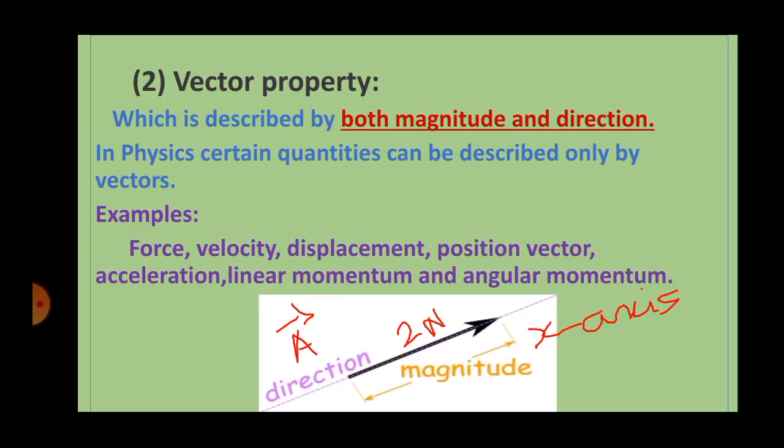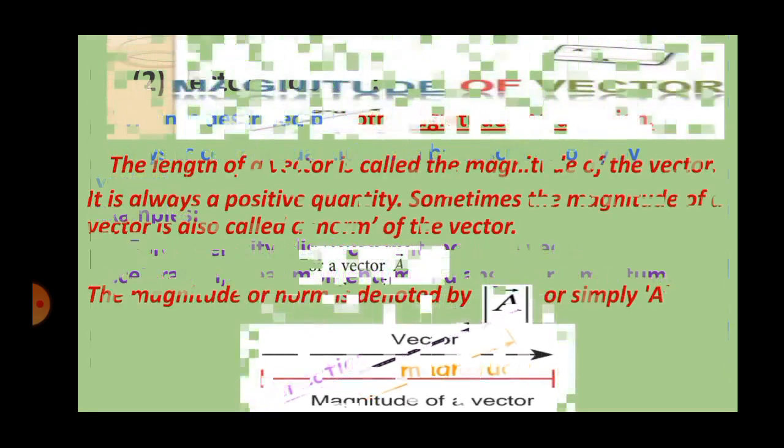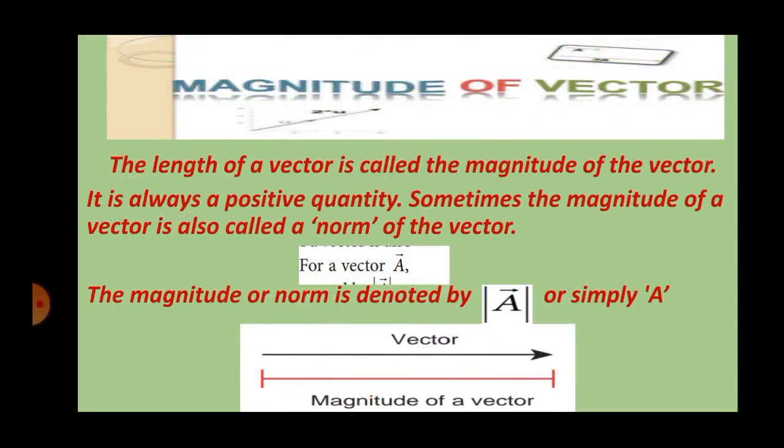Then the representation of the magnitude of a vector. The length of the vector is called the magnitude of the vector. It is always a positive quantity. Sometimes the magnitude of a vector is also called the norm of the vector.